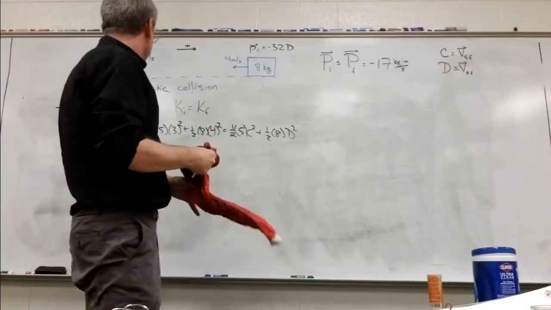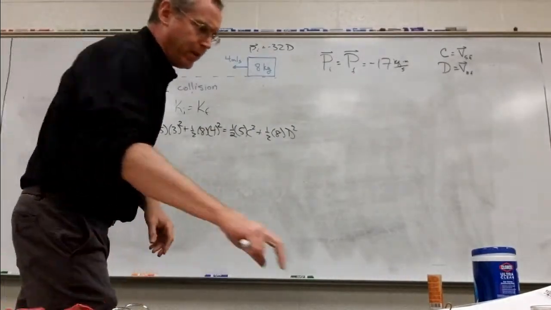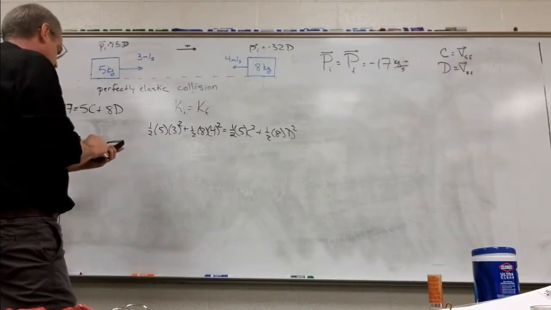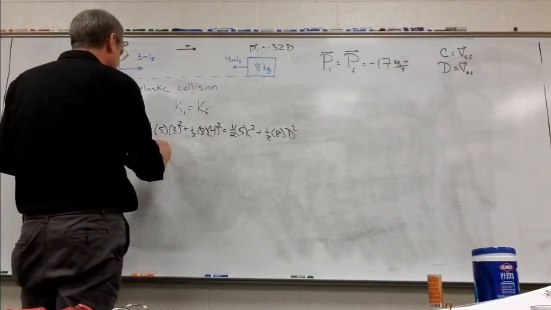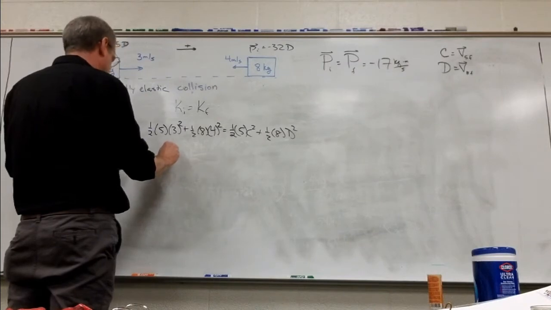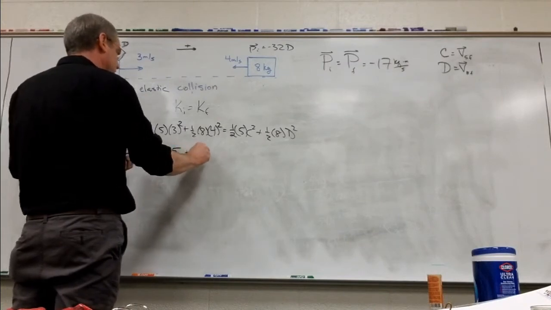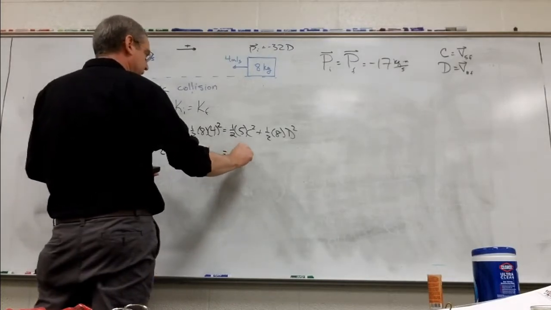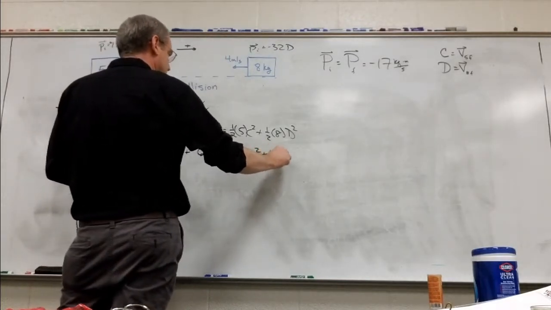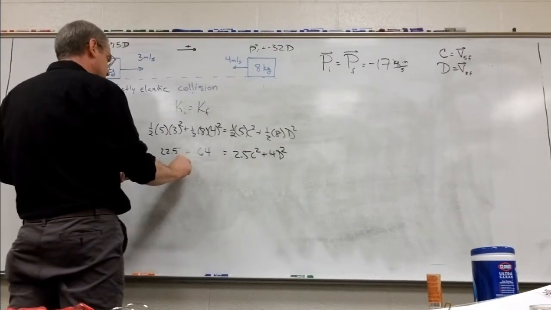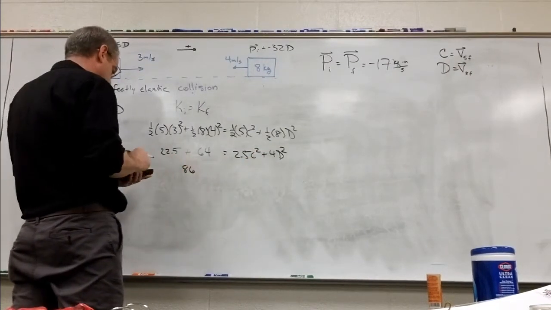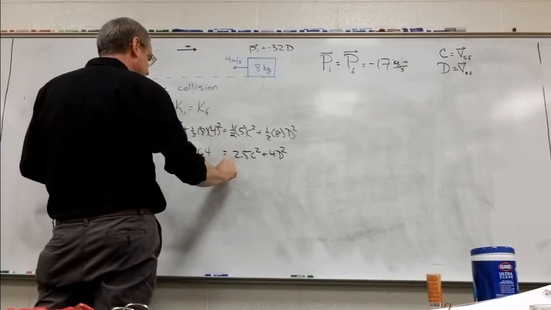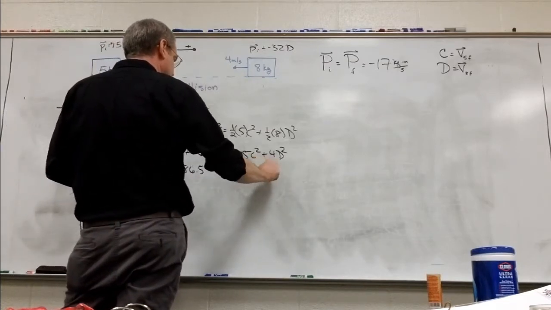All right, so going through the math again, we have 2.5 times 9, so this was 22.5 plus 64 is equal to 2.5 c squared plus 4d squared, and this becomes 86.5 equals 2.5 c squared plus 4d squared.